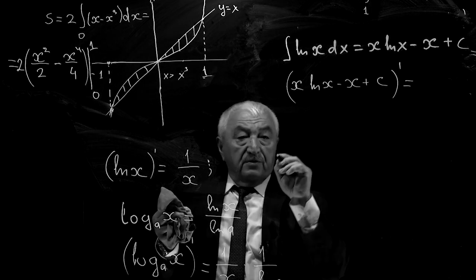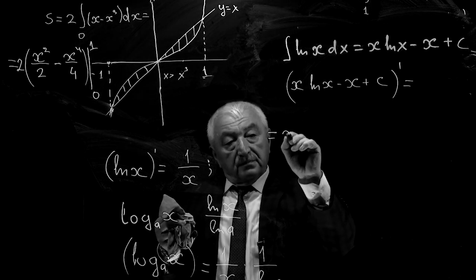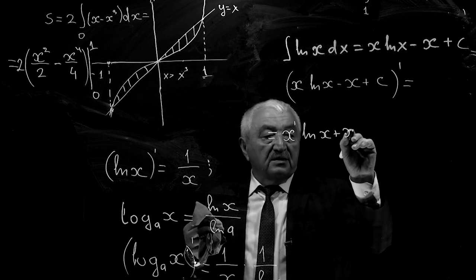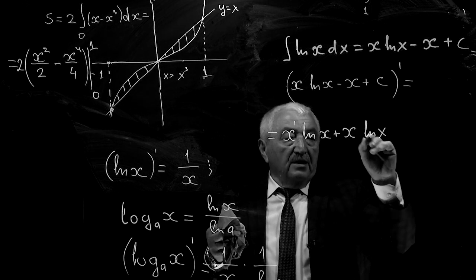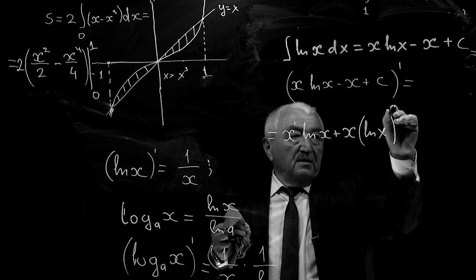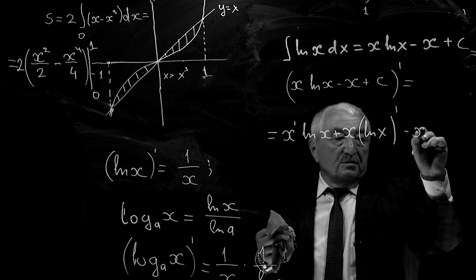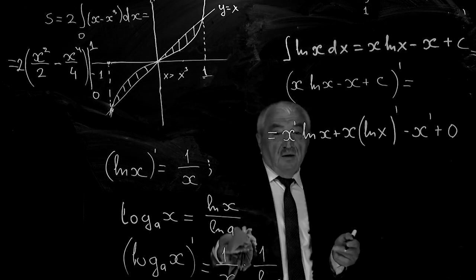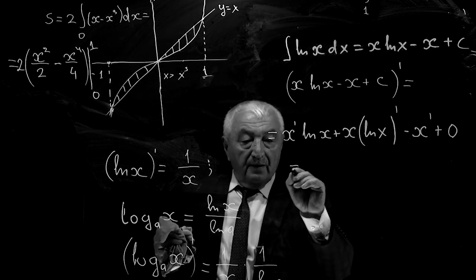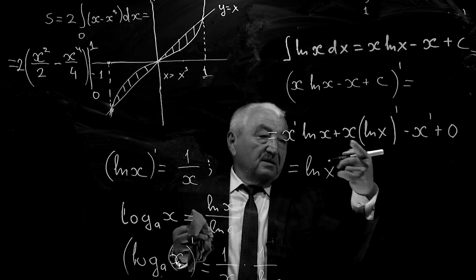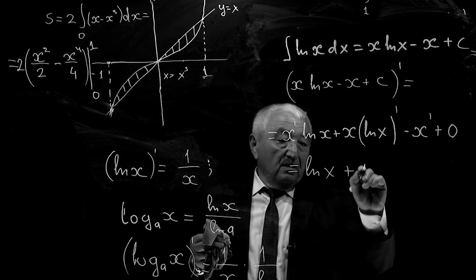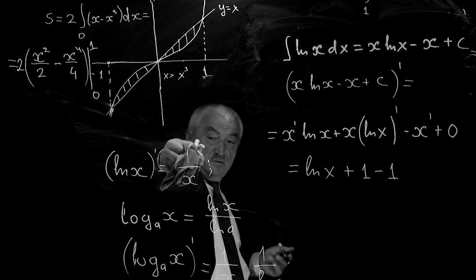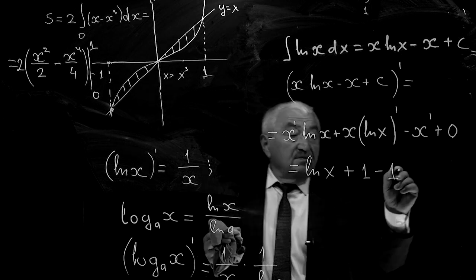The derivative of the first function, the logarithm, plus x times the derivative of logarithm x, minus the derivative of x, plus 0, the derivative of the constant. That is logarithm x plus 1 minus 1, where the derivative of the logarithm is 1 divided by x, and we get this function.